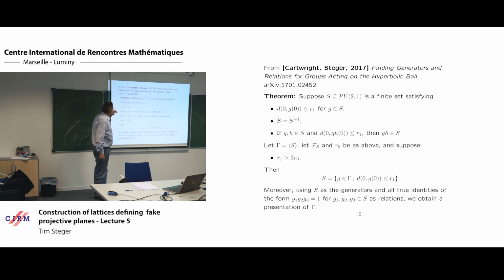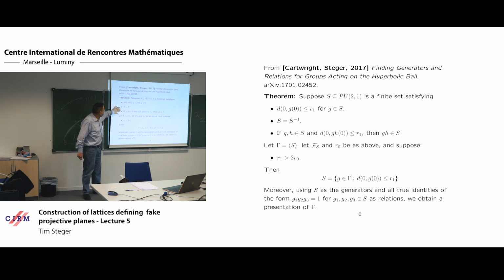for the rest of the talk, I'm going to go through the proof of this theorem from that paper, and this is a theorem which will tell us that, in fact, our set S is big enough. So for this, you don't need to remember exactly how I got S. S is going to be a set with the following properties. The sizes are all less than or equal to R1. It's closed under inverses. It's finite.